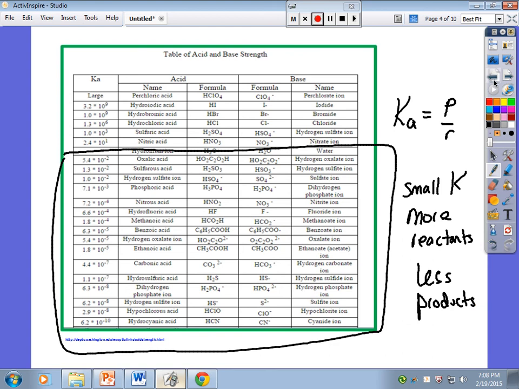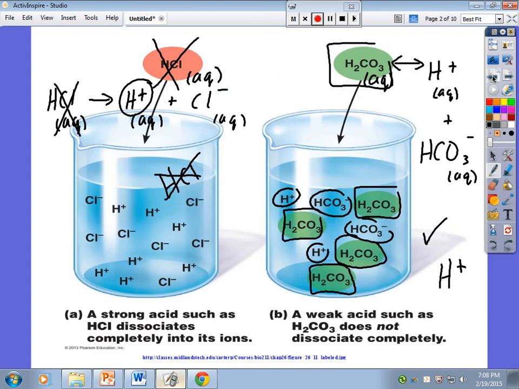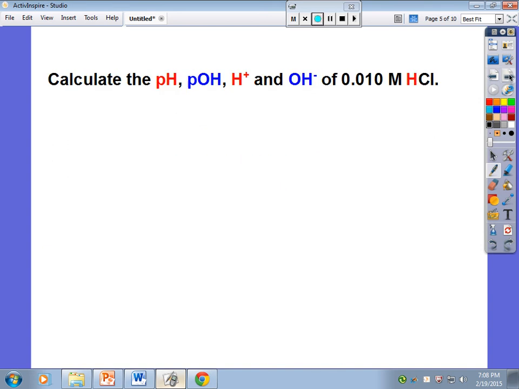Didn't we see with weak acids that you have way more reactants and less products? So that means these are going to have Ka values that are small. And that is going to make the difference in how you do problems. So you might have to look things up on a chart, but we'll go into that in a second.